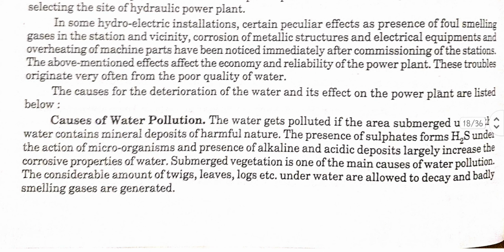Causes of water pollution: the water gets polluted if the area submerged under the water contains mineral deposits of harmful nature. The presence of sulfates from H2S under the action of microorganisms and the presence of alkaline and acidic deposits largely increase the corrosive properties of water.